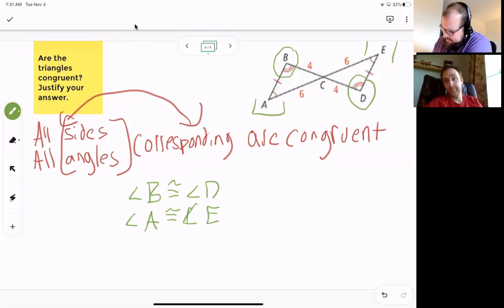And then I noticed something here that angle BCA and angle DCE are vertical. Why are you saying 3 letters for those, but we used 1 letter for the other ones? Well, if I say angle C, it's confusing because I could talk about that angle C or that angle C or that angle C. That's a lot of angle C's.